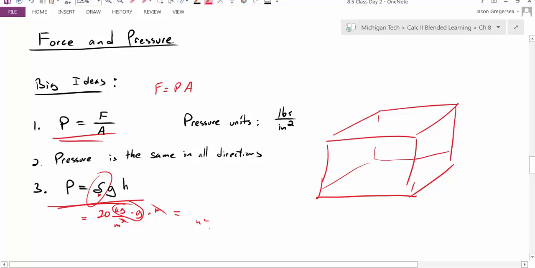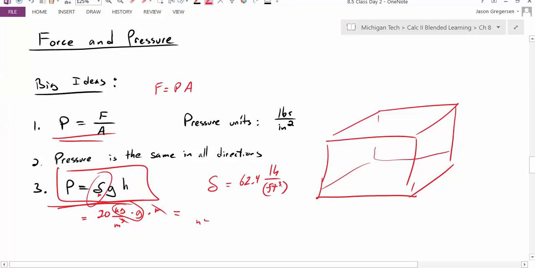Now I'm stressing units, because this is our formula for pressure. There it is. But that formula assumes that we have a mass density. So if we have water in our tank instead, and we're told that the density is 62.4 pounds per cubic foot, how does that change my formula? I don't need G, right?